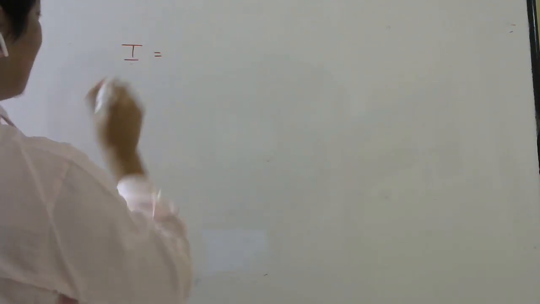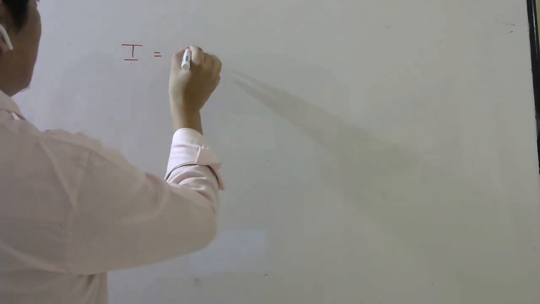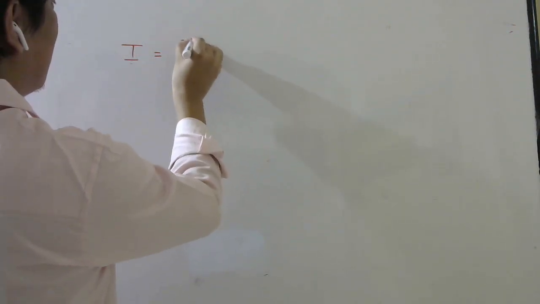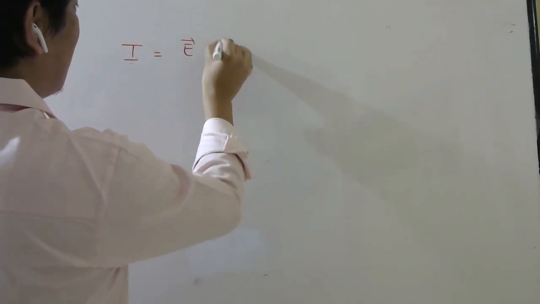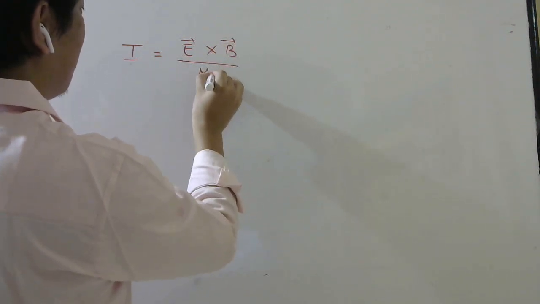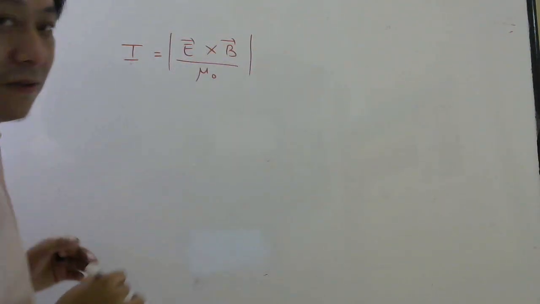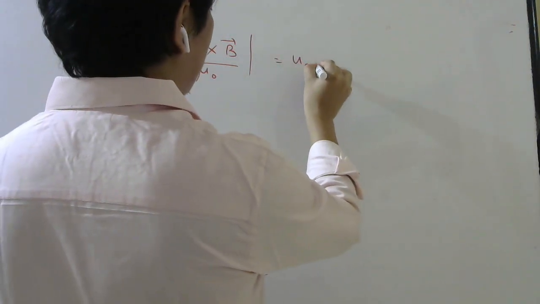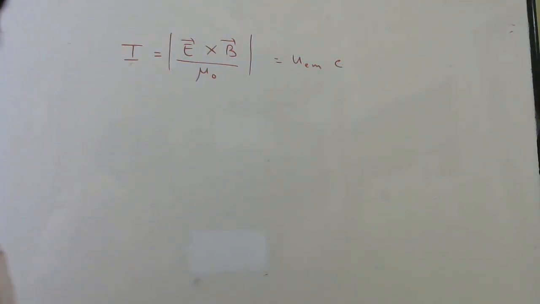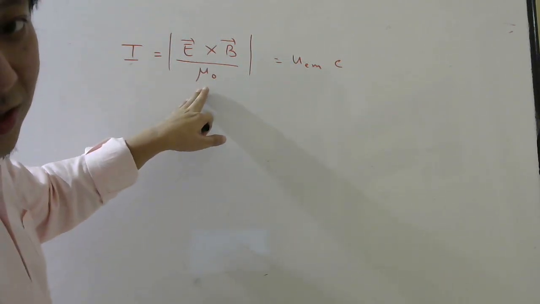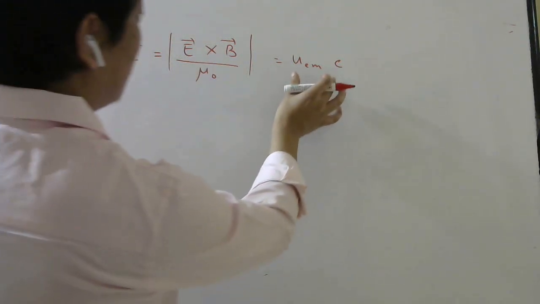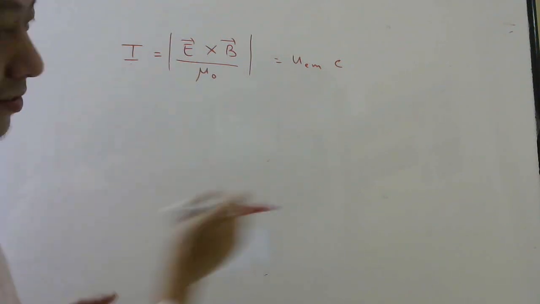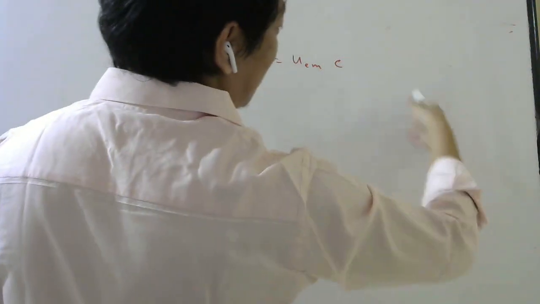So average intensity, of course, I have just shown to you, it is E bar cross B bar by mu naught. And you can write, if you want, U_EM into C, no problem. But I've already shown you that this is equal to this, check the derivation here.